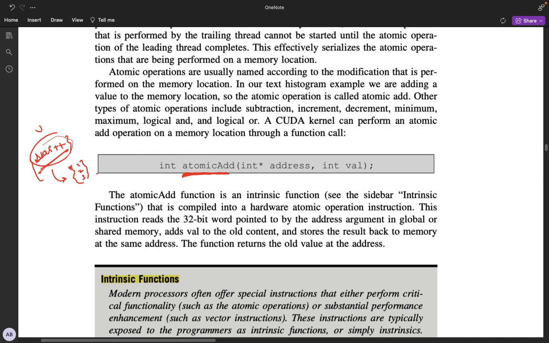So if we use atomic add on the variable, then all three operations will be executed together. There will be no interleaving of another thread's atomic add. This way we can guarantee that variable plus plus executed by three threads would always result in 0 to 3 instead of 0 to 1 or 0 to 2.